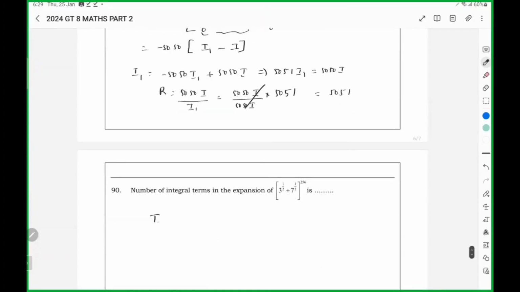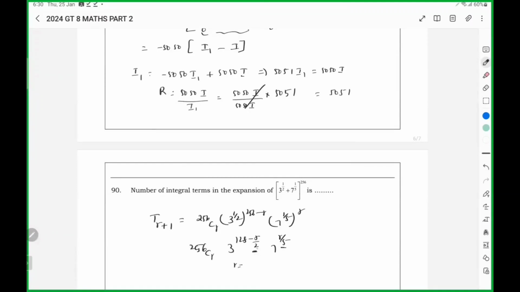Here you write a general term: 3 power of 256 minus r, 256 Cr, 7 power r by 5. r should be a multiple of 2 and 5.